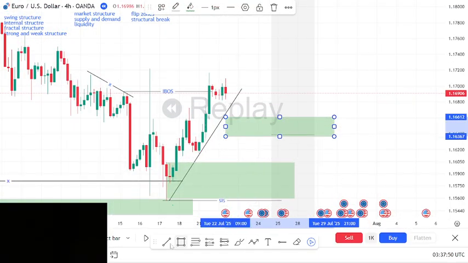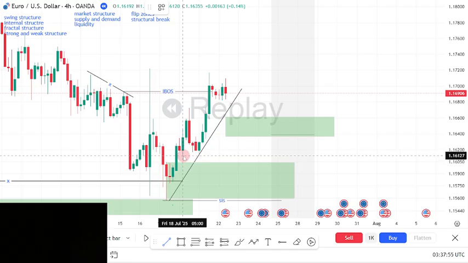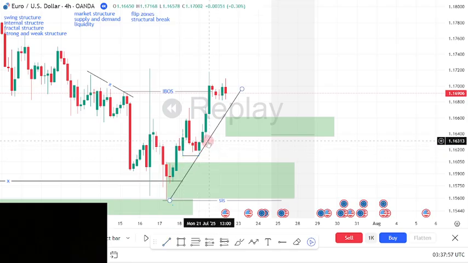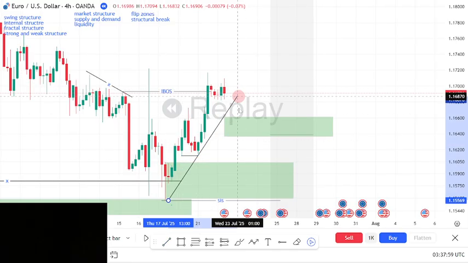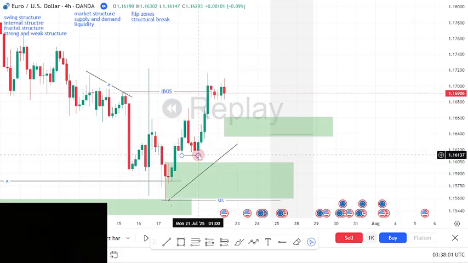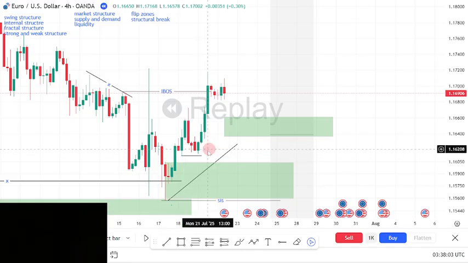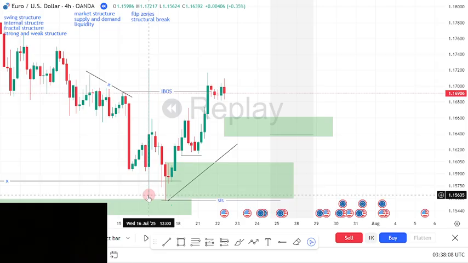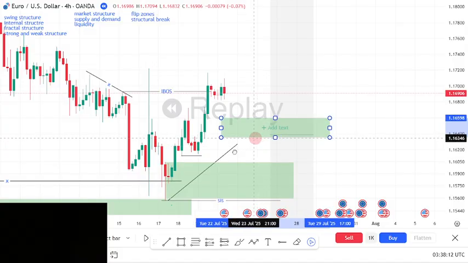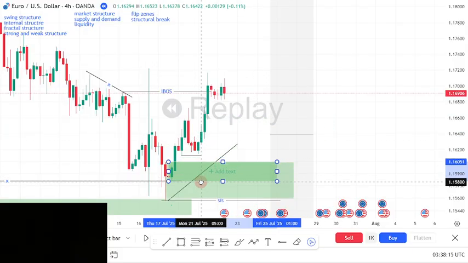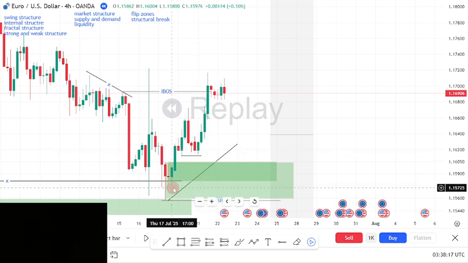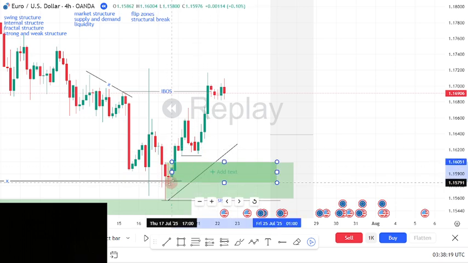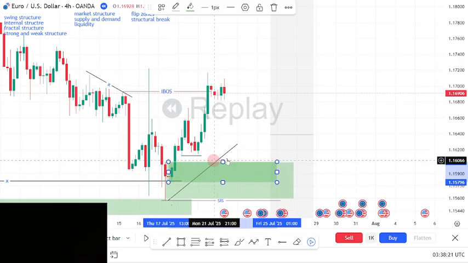Okay, so this one, I think here will be a target zone because we swept liquidity. So if price is coming to the downside, there's a probability it will turn around from here.